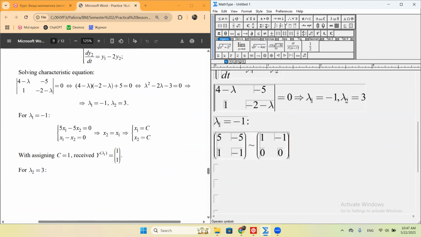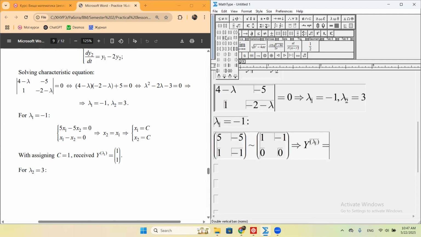So the eigenvector will be equal to 1, 1.